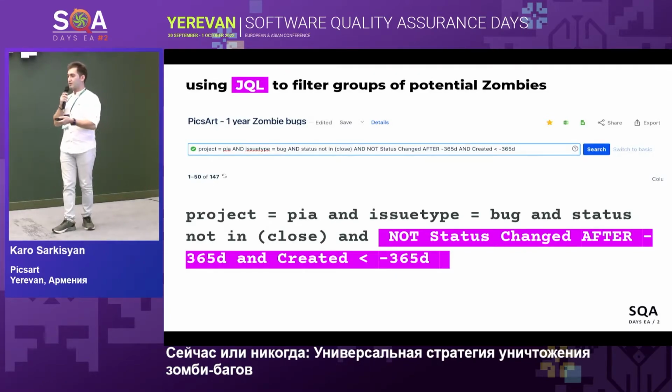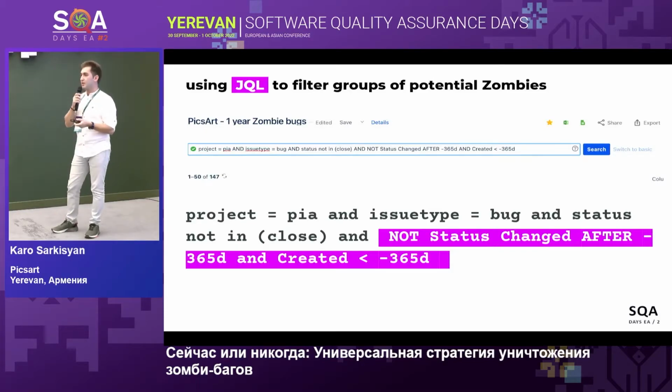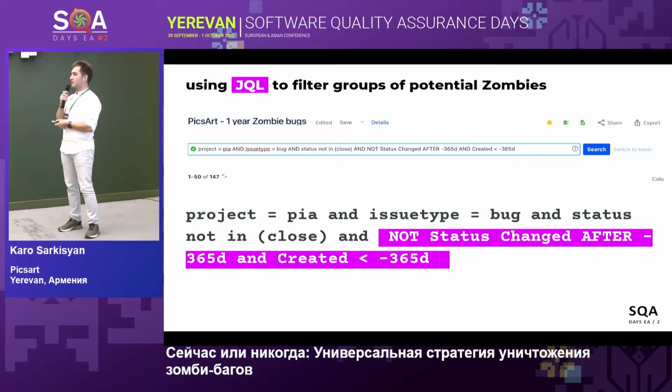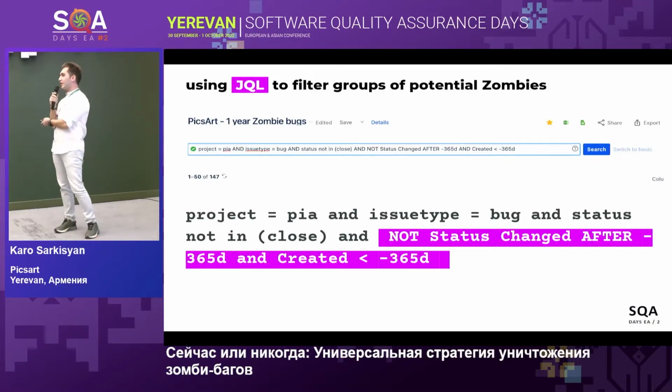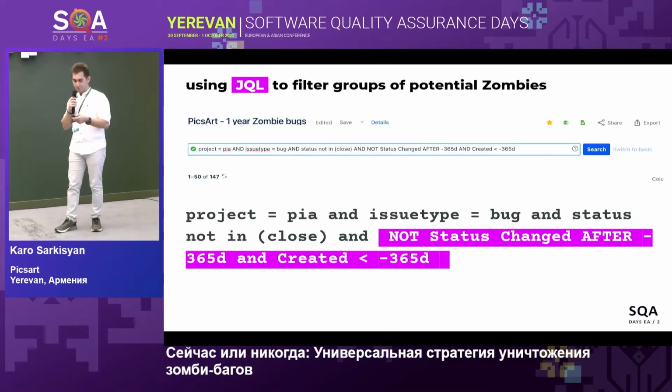As you remember, the longer a backlog bug still exists in our backlog, after some time it will become a zombie. So first we need to find the old issues.